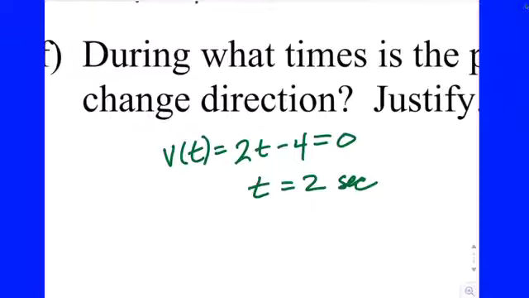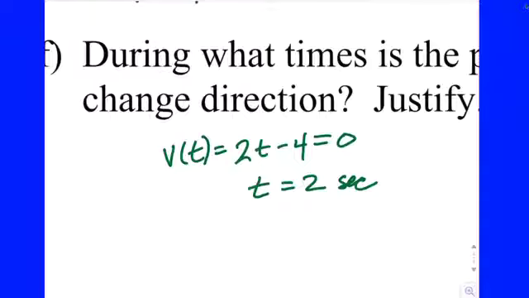Now we need to figure out if the velocity actually changes signs there, and if it does, how does the sign change? Well, there's a couple ways to do that, right? Probably the easiest way is just thinking about what the graph of velocity looks like. It has a slope of 2 and a y-intercept of -4. And remember, we're only using this equation for values of t greater than or equal to 0.